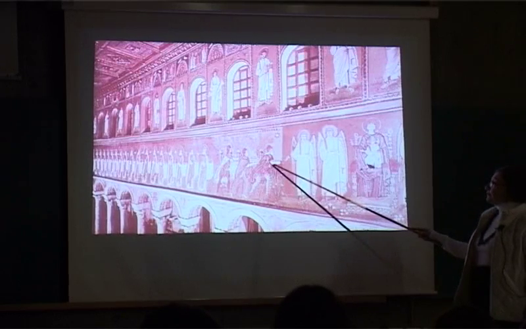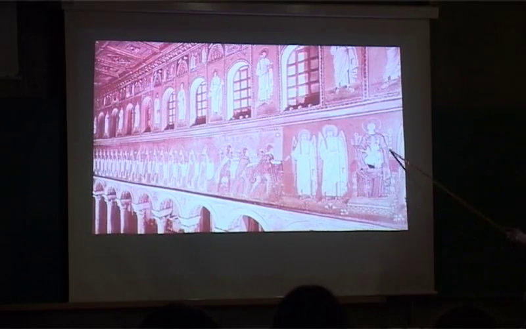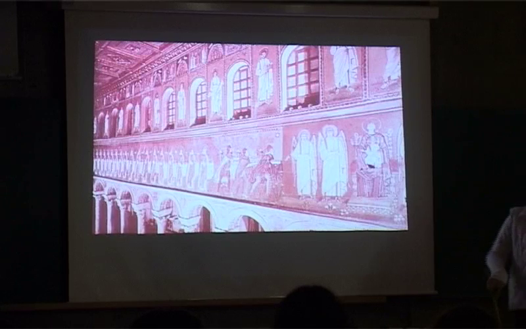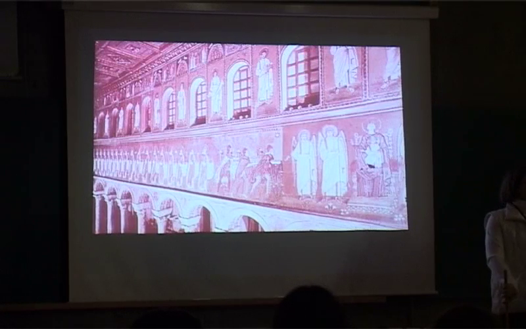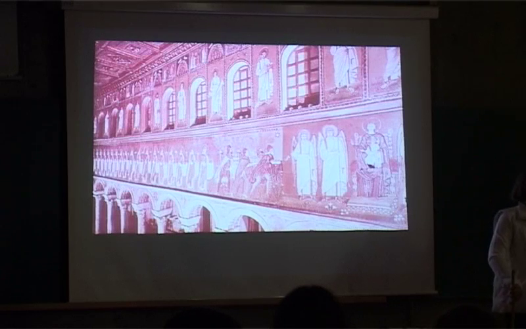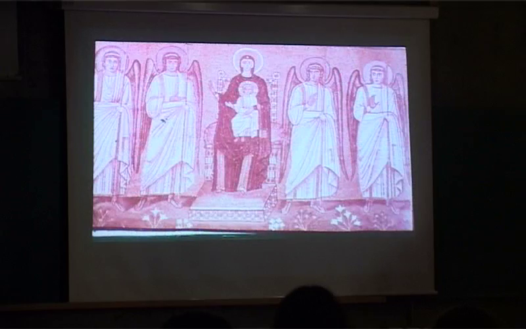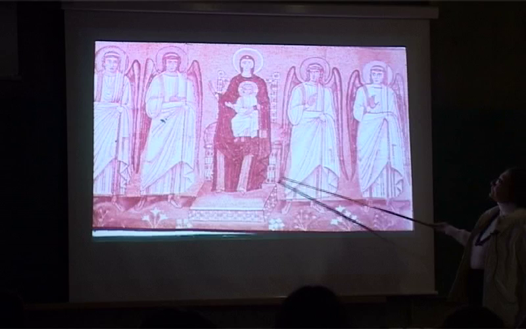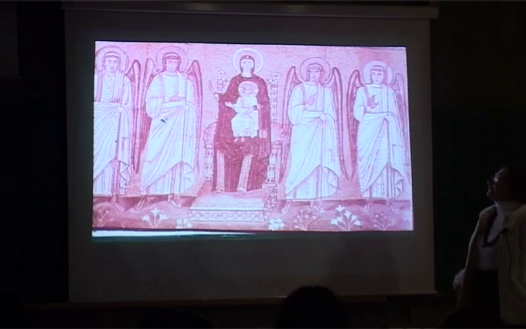They are bearing gifts, and Virgin Mary with the Christ child on her lap is also enthroned on a bejeweled throne, a very rich conveying of the power of Christianity. A closer view here showing the jewelry of the throne of Virgin Mary.